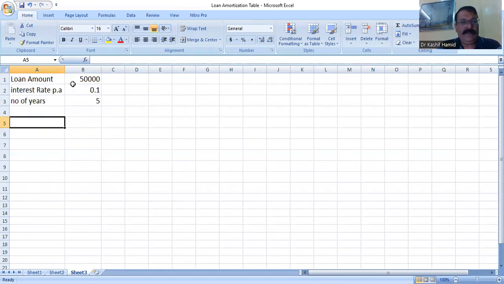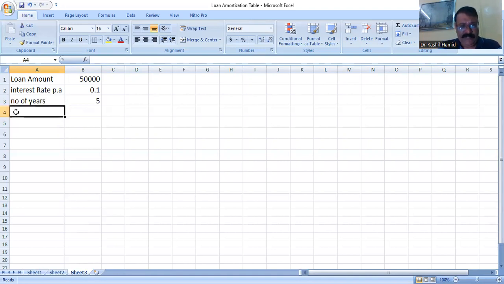So here we have a loan amount of 50,000, the interest rate per annum is 10%, and the number of years is 5, in which we will pay an equal series of installments. That is very important to this concept.